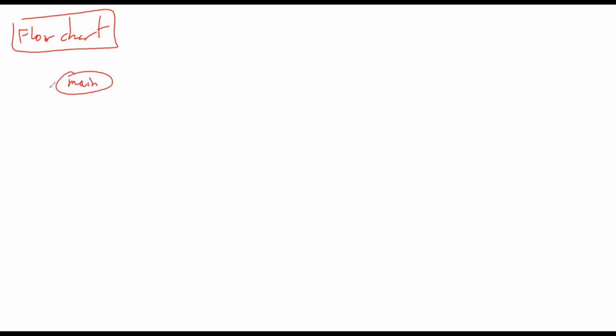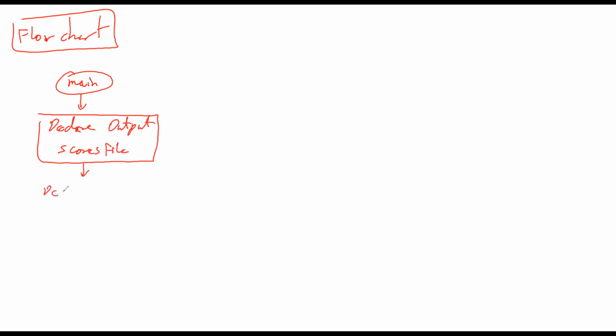Okay, do main. Then I'm going to do declare output file, or output scores file, right? So the first thing is we're going to write to the file. Then we're going to declare some variables. So we're going to say read score, probably. Read score.